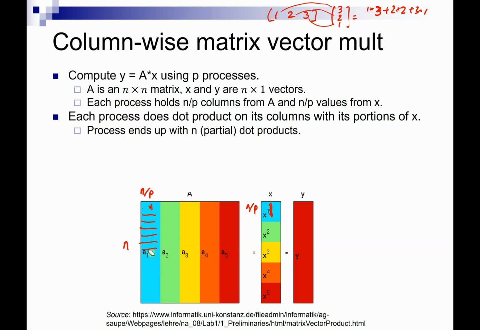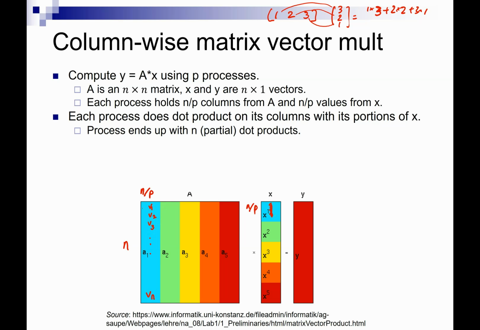Then this first process is going to take the second row, and again compute the dot product with this part of x that it's got. That's going to produce another value, v2. Then it takes the third row and dot products with these values of x, producing v3, and so on. So in the end, the first process is going to end up with n different values.